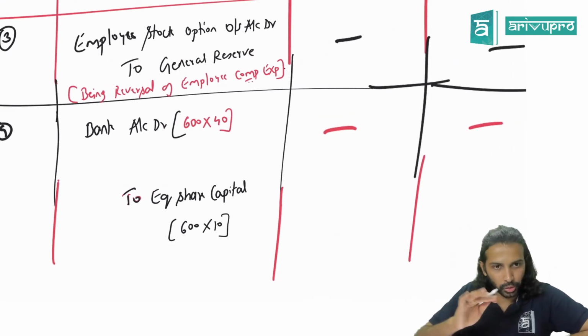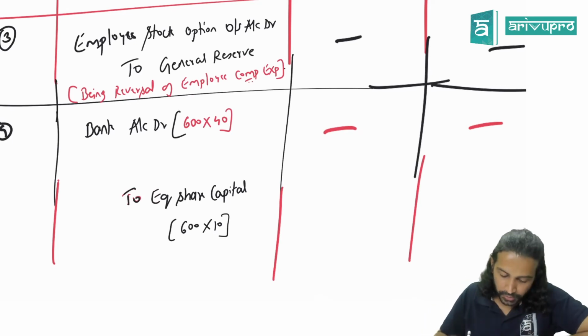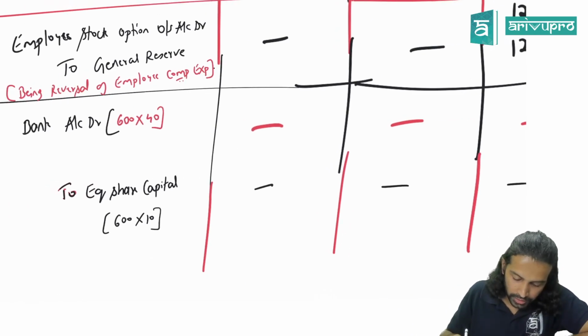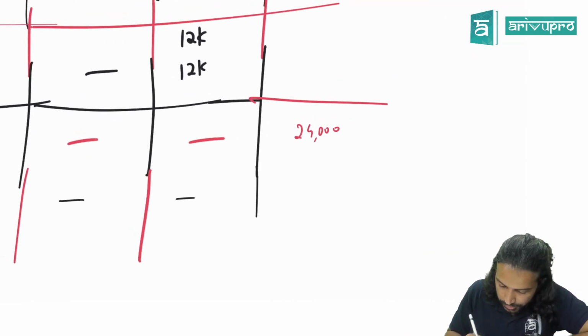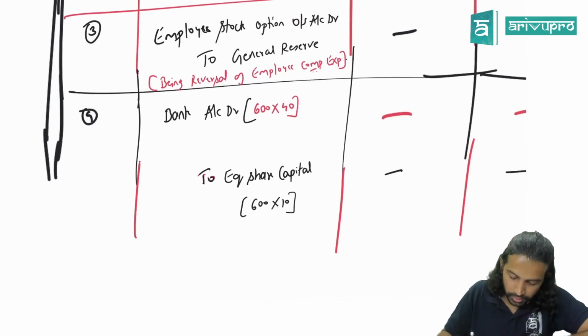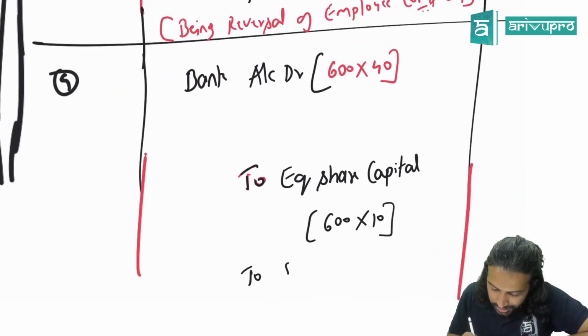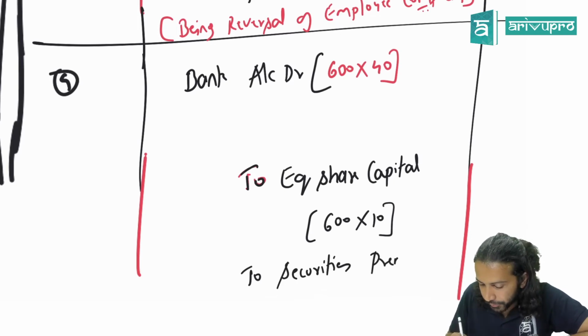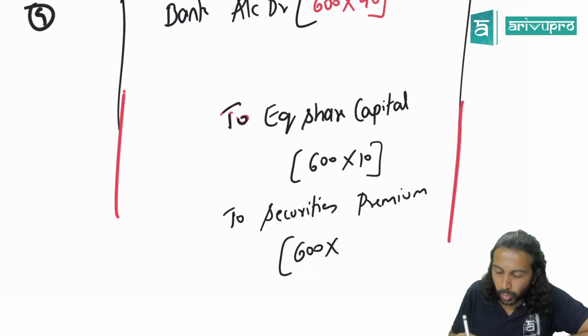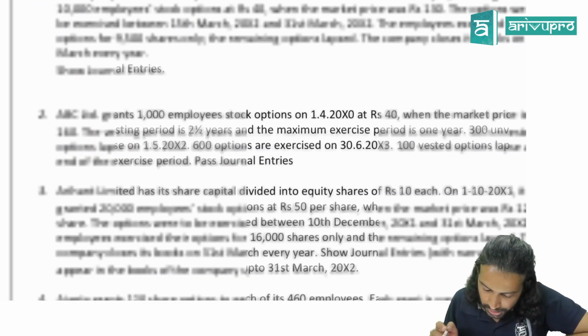You also leave it, or watch the entry and then write. I'll tell you why I've left it. Will this entry come in year 1, 2, 3? No. Equity share capital, you will credit how much? 6,000. To what? To securities premium. That will not change. To securities premium, how many shares issued? 600. What was the market price of the shares they told in the question?